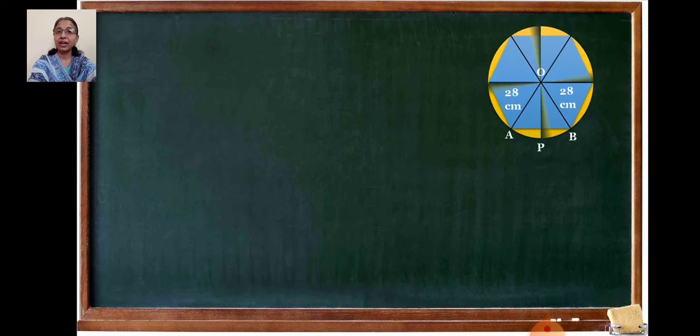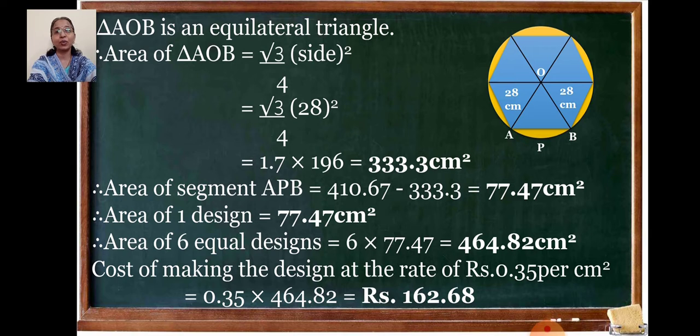And we have a direct formula for calculating the area of an equilateral triangle. So we'll apply that formula. So area of triangle AOB is equal to root 3 upon 4 into side square. So root 3 upon 4, side is 28 square.